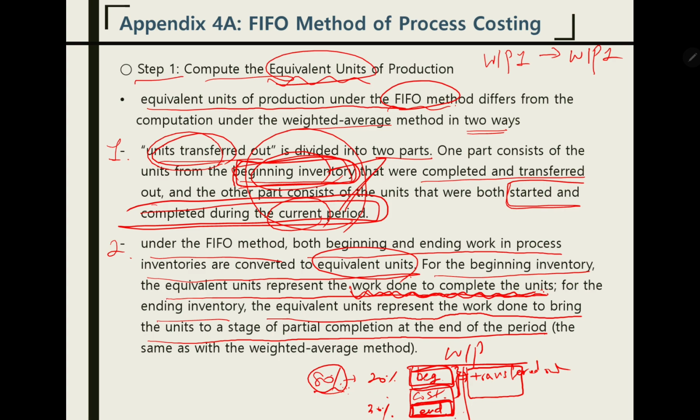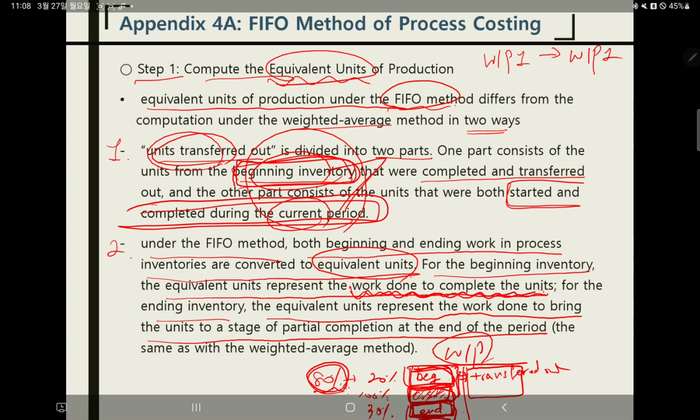Then the cost that is put into this process consists of this 80% to complete the beginning inventory, 100% of the work that is started and completed, and the work that is put into the process but has not been completed at the end of the period.